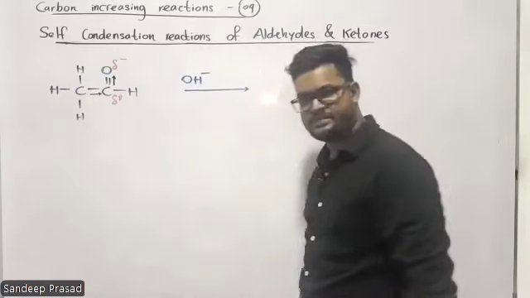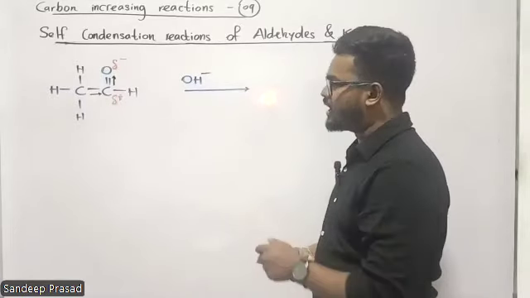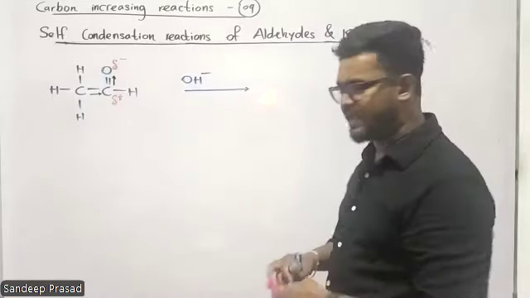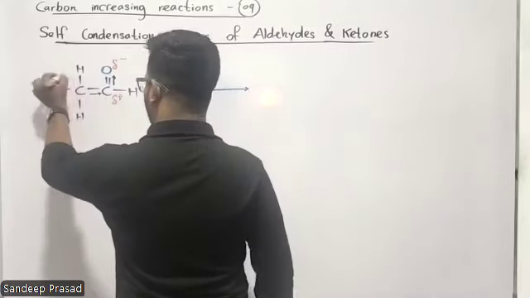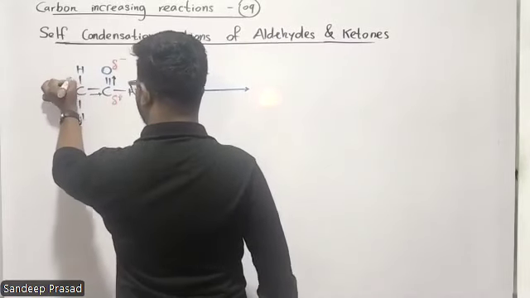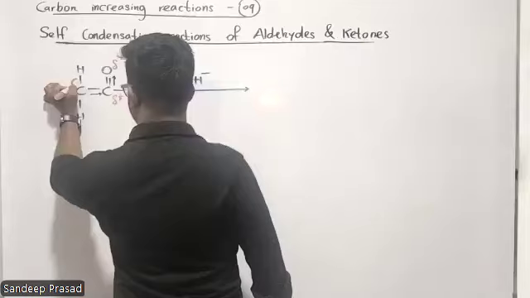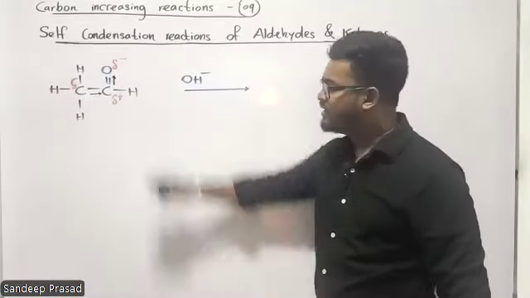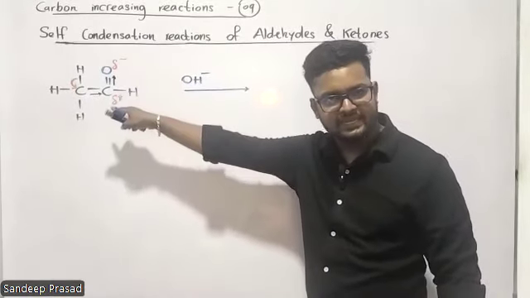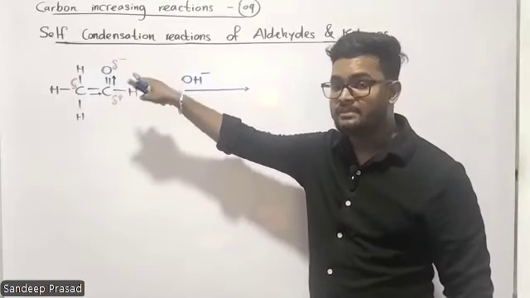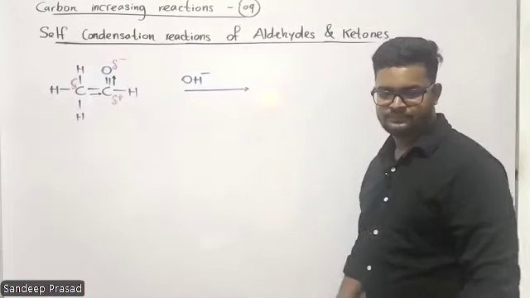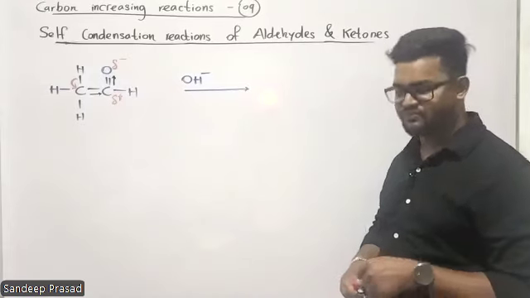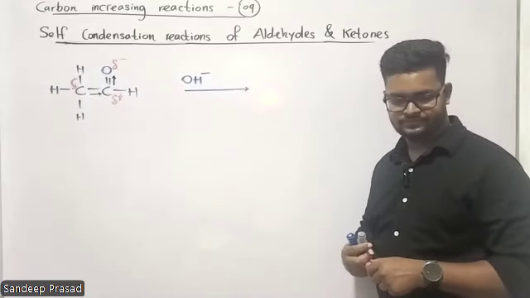Then what will happen is the carbon-hydrogen bond is breaking, giving electrons to the carbon atom. The carbon atom is taking the electrons from that carbon-hydrogen bond. Now hydrogen is eliminated as H plus. Hydrogen is eliminated from this reaction as H plus.